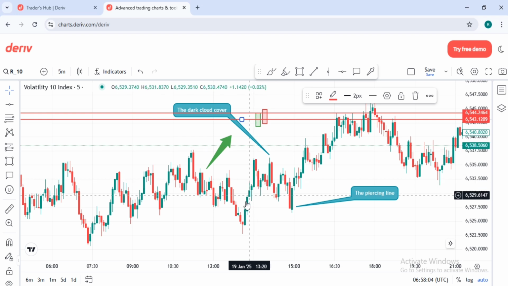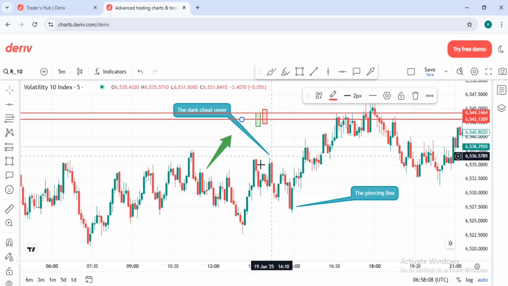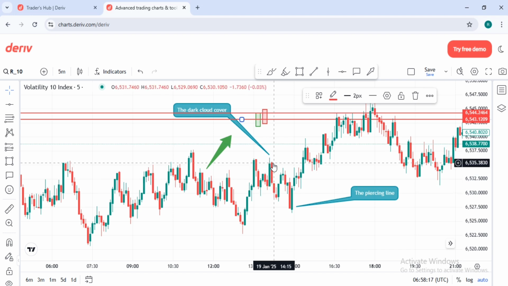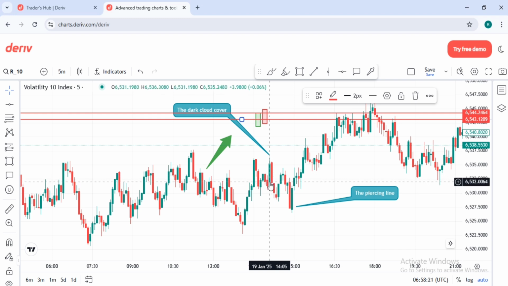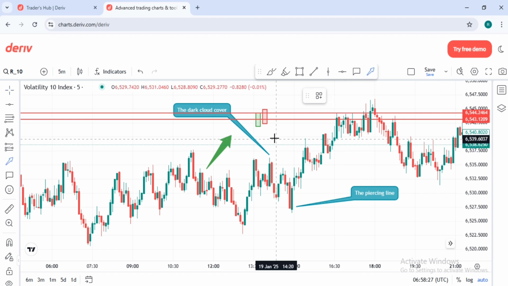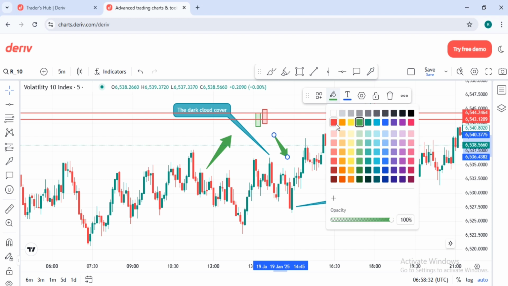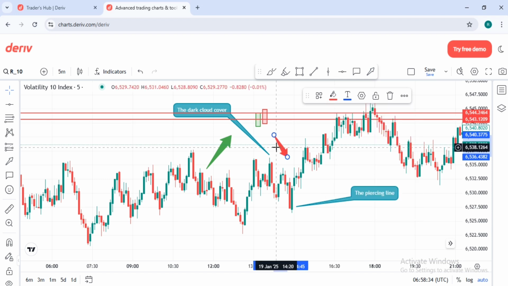So it has to be after an uptrend. But I'm just using this one for the purposes of showing you how these ones are formed. So there is a green candlestick, a red one starts above it, and it closes past half of the body of this one. So this one shows that the market is going to reverse. In other words, it's going to reverse and it becomes a downtrend.